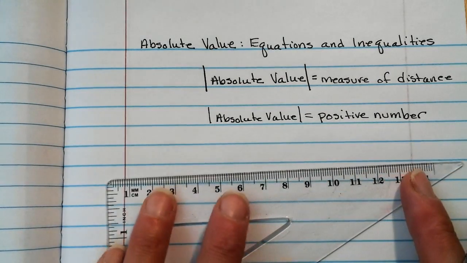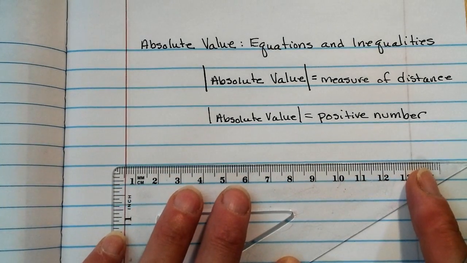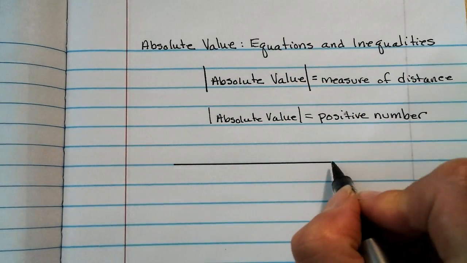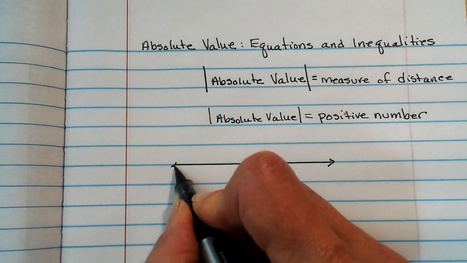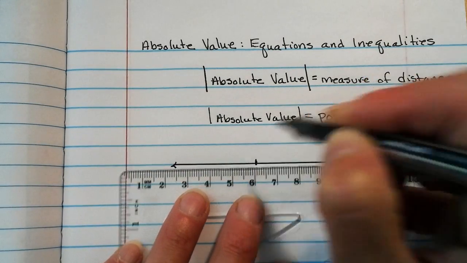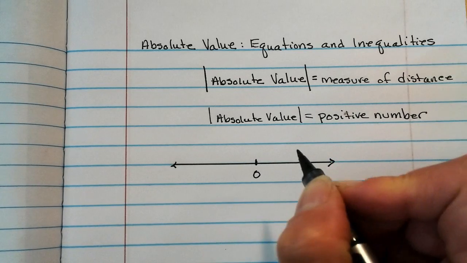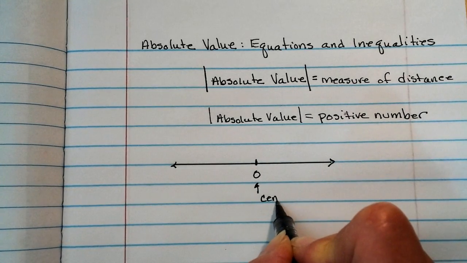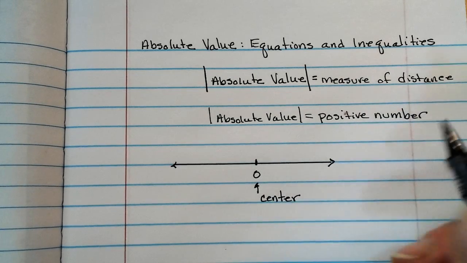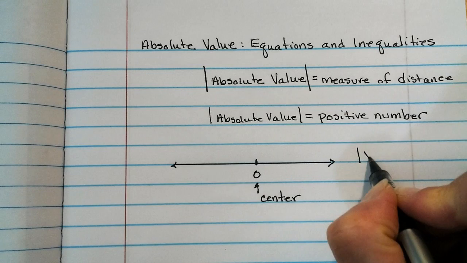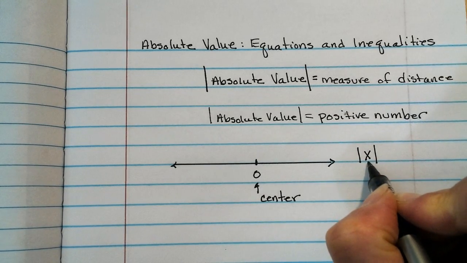So let's just do something very simple. I'm going to draw a number line. And I'm going to make this my center, which we'll call 0. Okay? So we're just going to call that the center. So if I have the absolute value of some number, I don't know what it is.